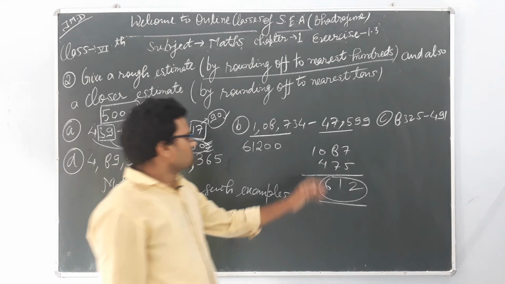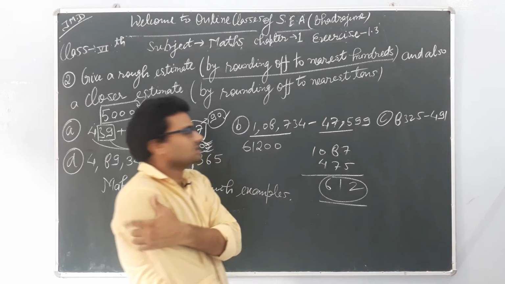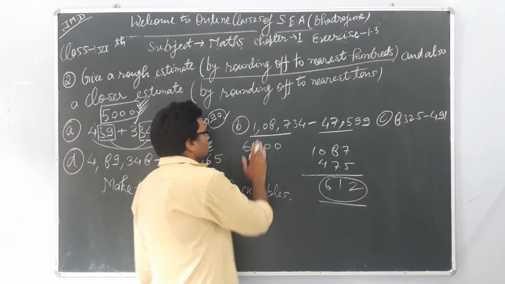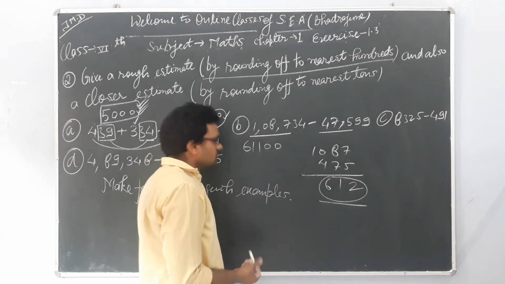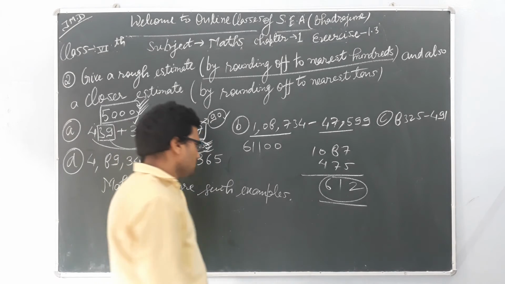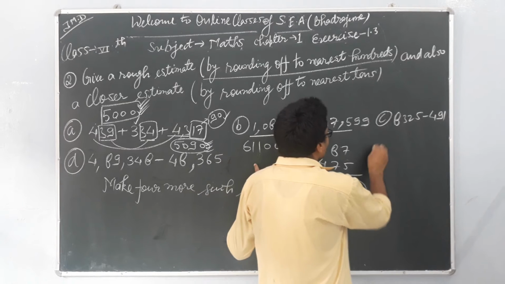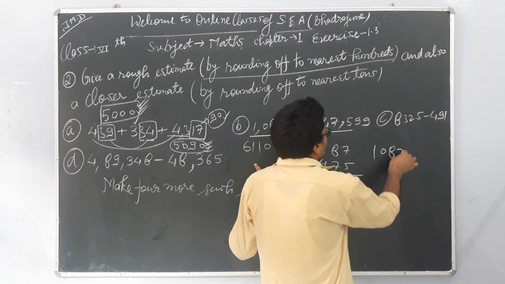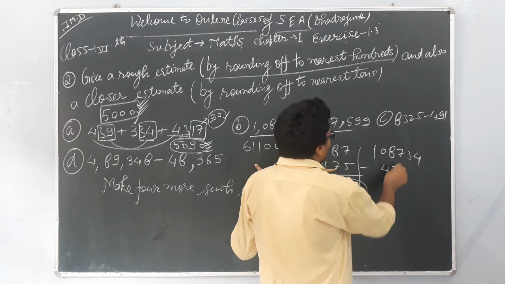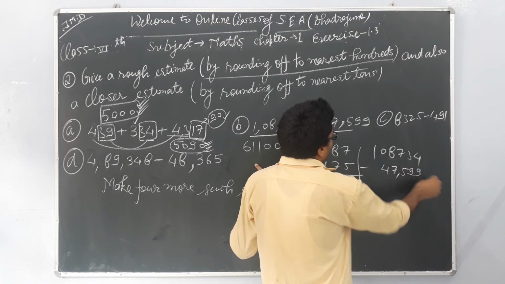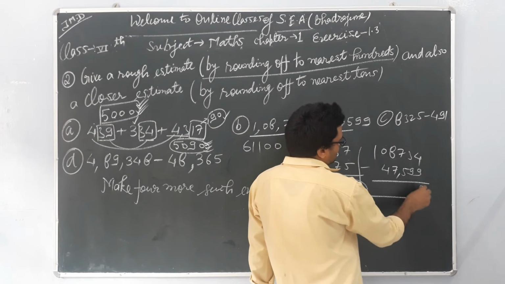Our next one: when we subtract them fully, 108,734 minus 47,599. 14 minus 9 is 5.